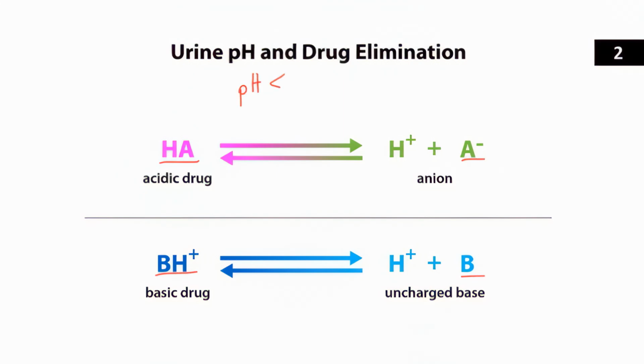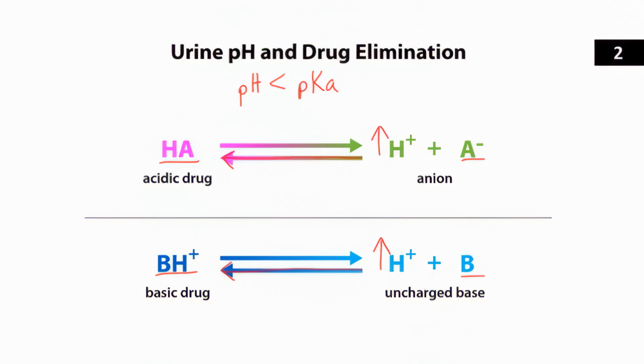But when the pH is lower than the pKa, the low pH means more acid, and there are more protons around, and those protons are going to bind to the anion and help tip the scale toward the protonated form. So this means that when the urine pH is low, if you have acidic urine, both acidic drugs and basic drugs are shifted toward the protonated form over here on the left.